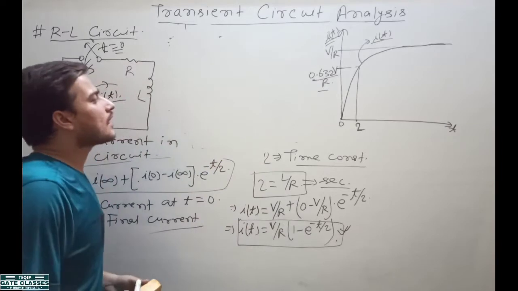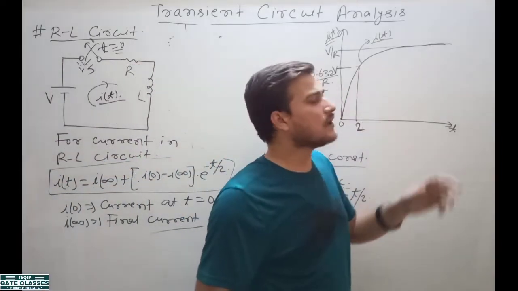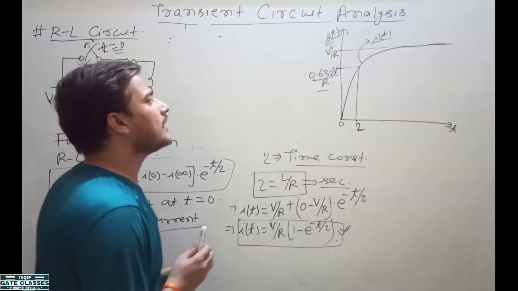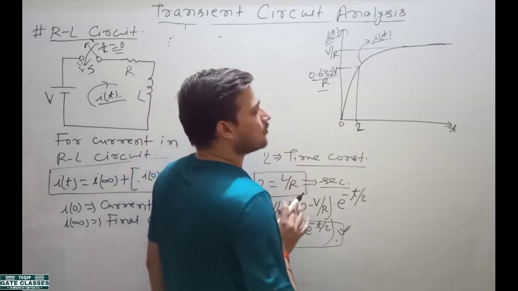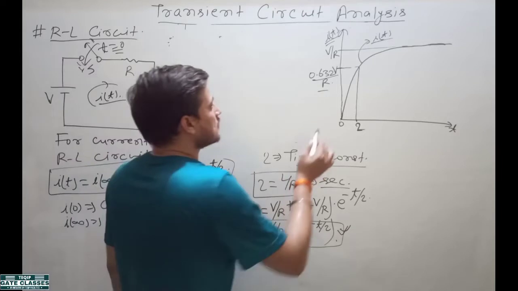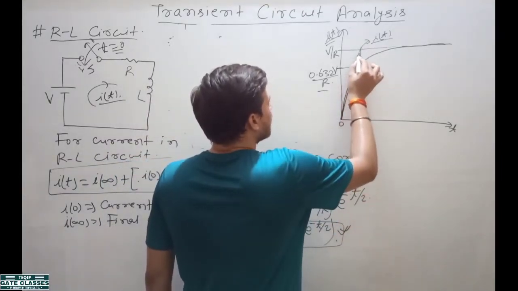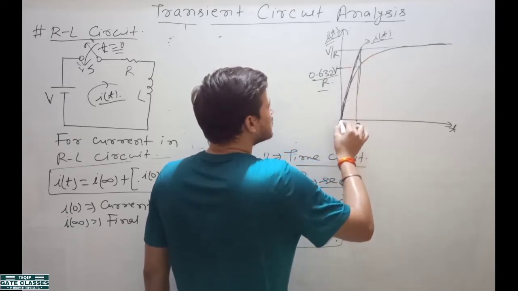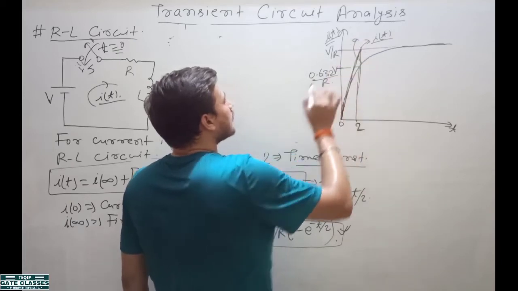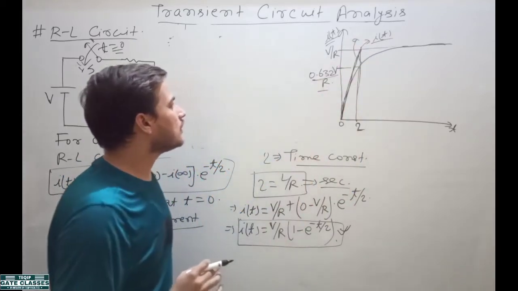At the same time, if somebody asks you how you will define time constant if the graph is growing linearly, that is a very important point for interview purposes. If the graph is growing linearly, then the time taken to reach the final value is called time constant.